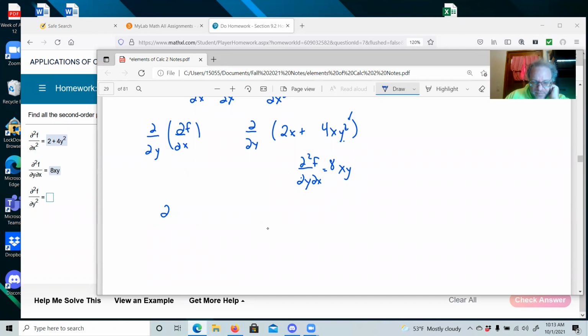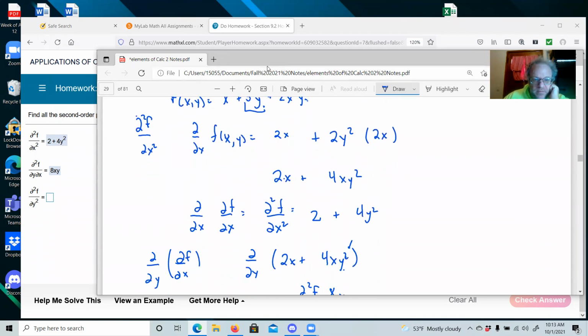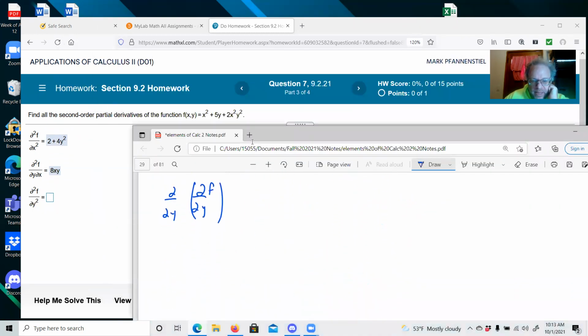So d by dy of f, and then we're going to take d dy of this thing. Okay. So go back to the original equation. All right. And this was x squared plus 5y plus 2x squared y squared.